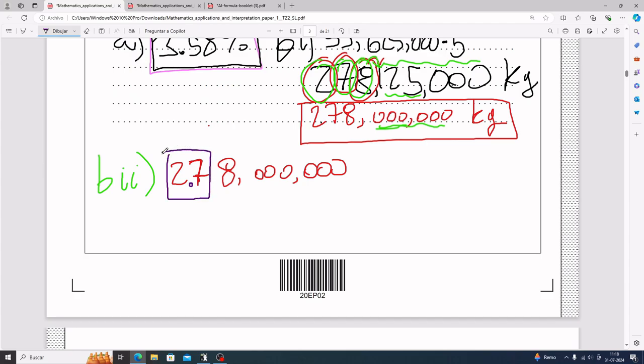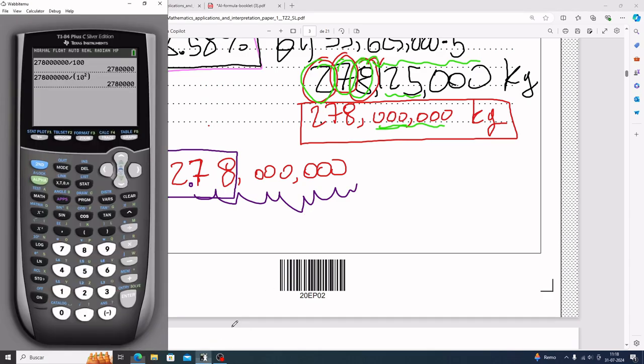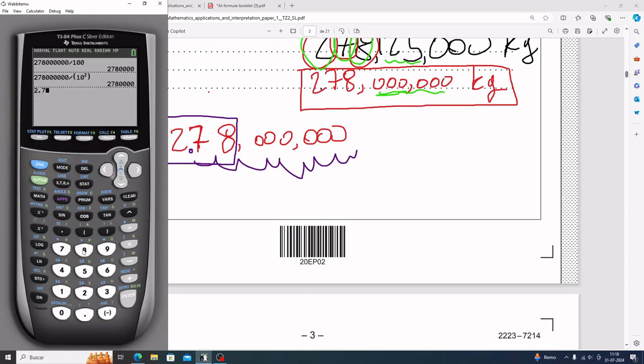2.7. So technically, you can take 2.7, or actually, you can take 2.78, better said. You can take 2.78, multiply it a bunch of times, and end up with the same number. So let's see how that works. You can take 2.78, and if you multiply by 100, okay, you moved a little bit, but not enough. If you take 2.78 and multiply by, let's say, 1,000, well, now you're getting closer.